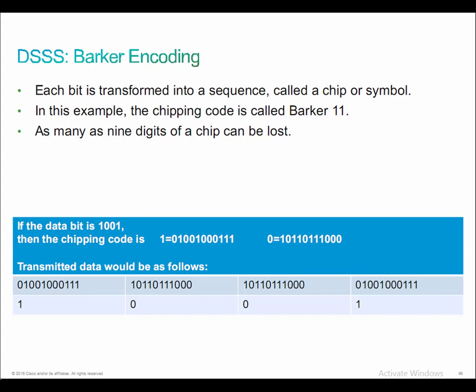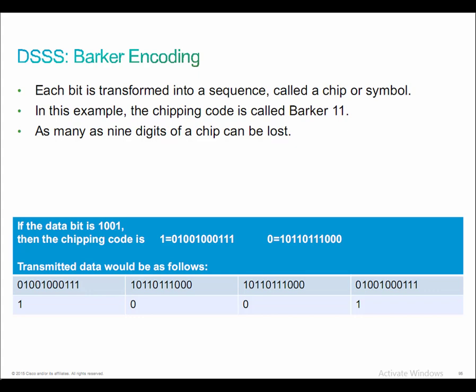Now, it might seem like, gosh, that's a lot of data. If you look at the encoding that's being depicted on the slide here, we're sending, in this particular case, 10 or 11 bits at a time. Why would I do something like that? Well, it's much more likely that I'm going to lose a 1 than I'm going to lose 11 bits of data.